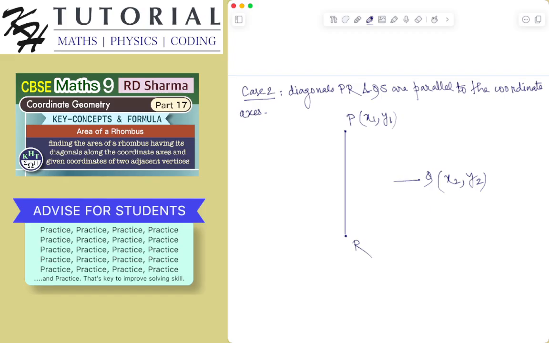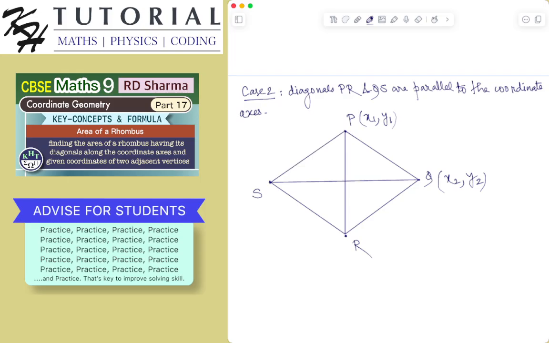So let's say this is the vertex S. So the rhombus is PQRS, and this is roughly the rhombus.